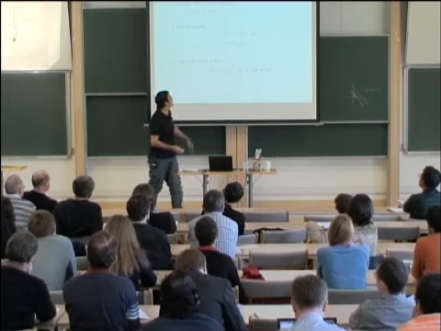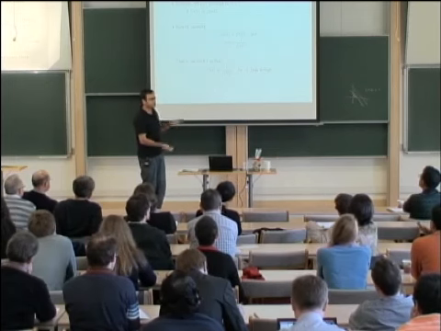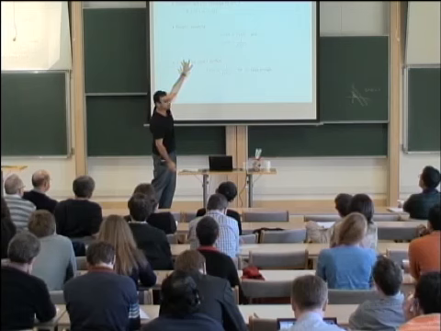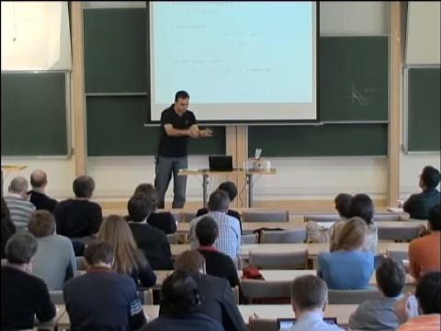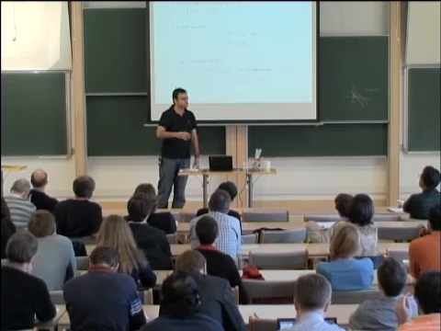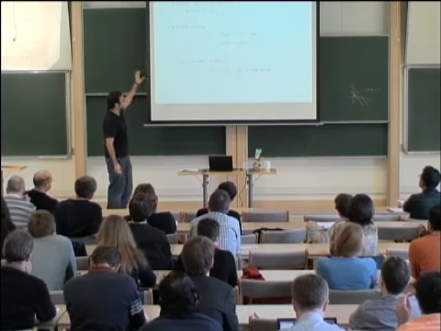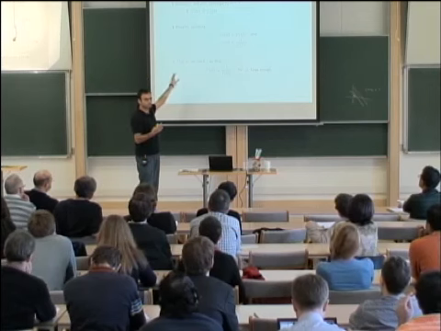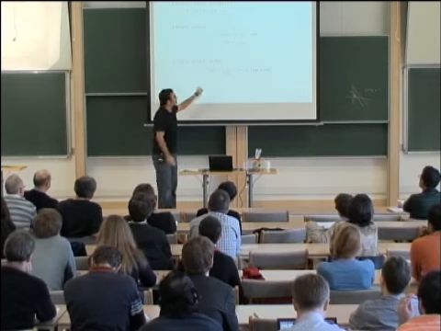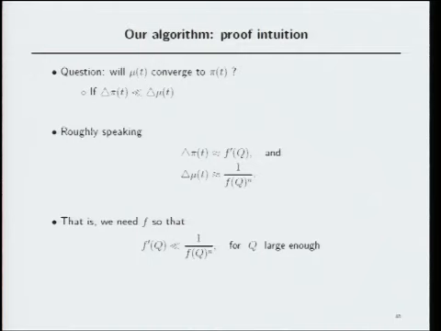Now if the ratio of these two changes follows this inequality, that is, mu t is getting closer to its distribution faster than the rate at which pi t is changing, then this kind of thing should hold. Here is a very rough back of envelope calculation that gives the intuition. As part of this algorithm, the change in pi t is roughly related to the derivative of the weight function that we used, f of q, or f prime of q.